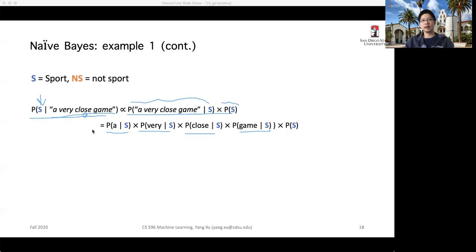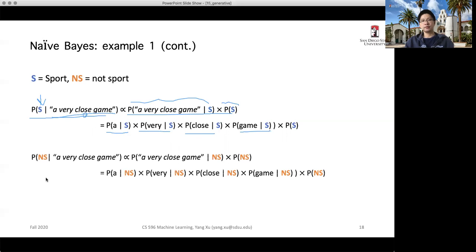For the other posterior, the probability of non-sports given that new sentence, we can also do a similar decomposition. So now things become easier. We just need to estimate those individual probabilities, like the probability of "a" given S versus given NS. All these probabilities can be estimated from the data.